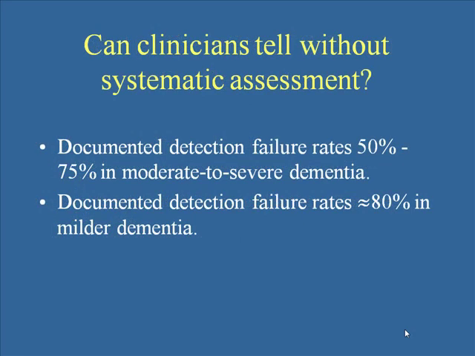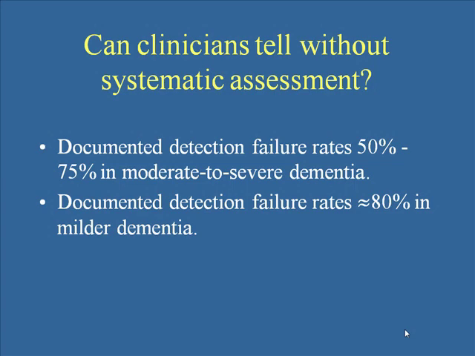One strategy would be just to do usual care and watch for the telltale signs of dementia, which begs the question, can clinicians actually tell without a systematic formal assessment? And here in primary care settings, certainly, we don't seem to perform very well without formal strategies to identify people who are suffering from even moderate to severe dementia.